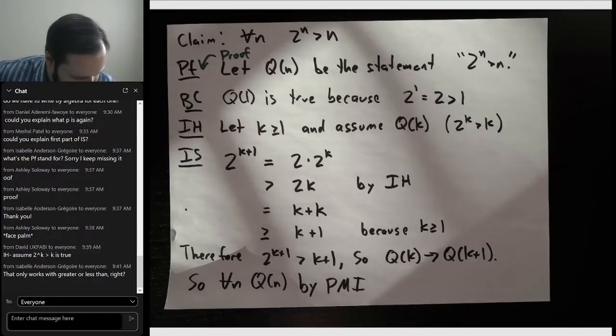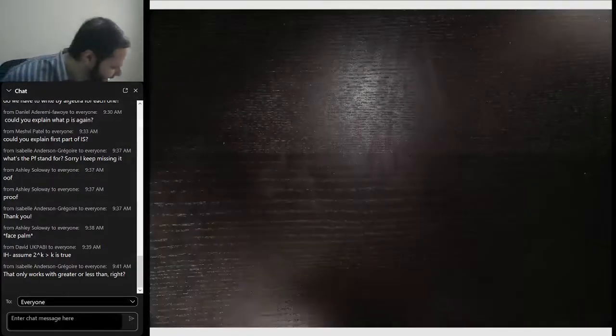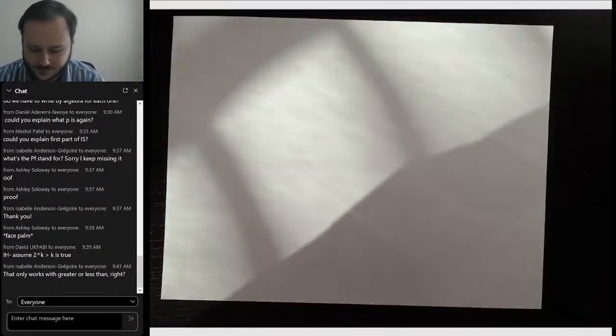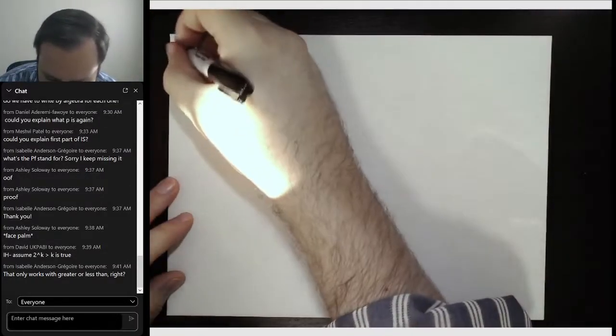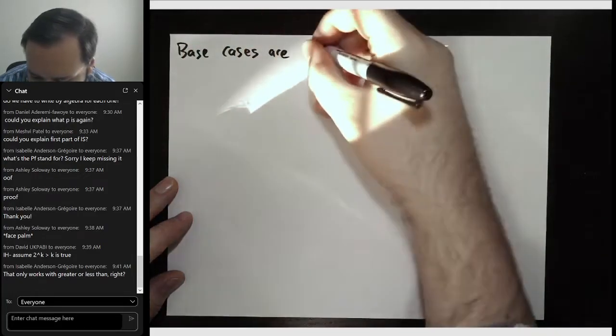Okay, so I have 2 minutes left. I want to say 2 important things. Let's see if I have time for both. The first is that base cases are important. Here's my example.